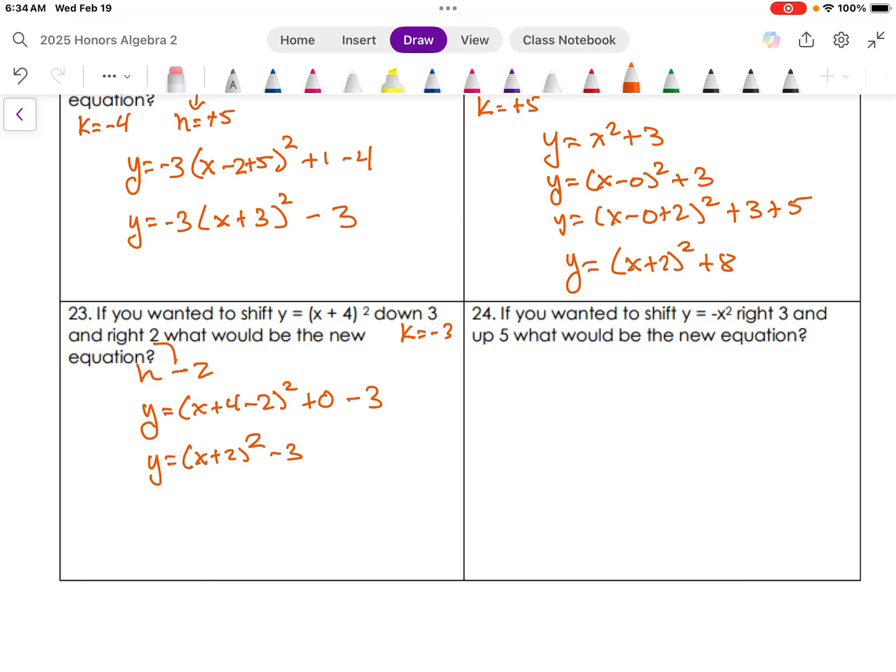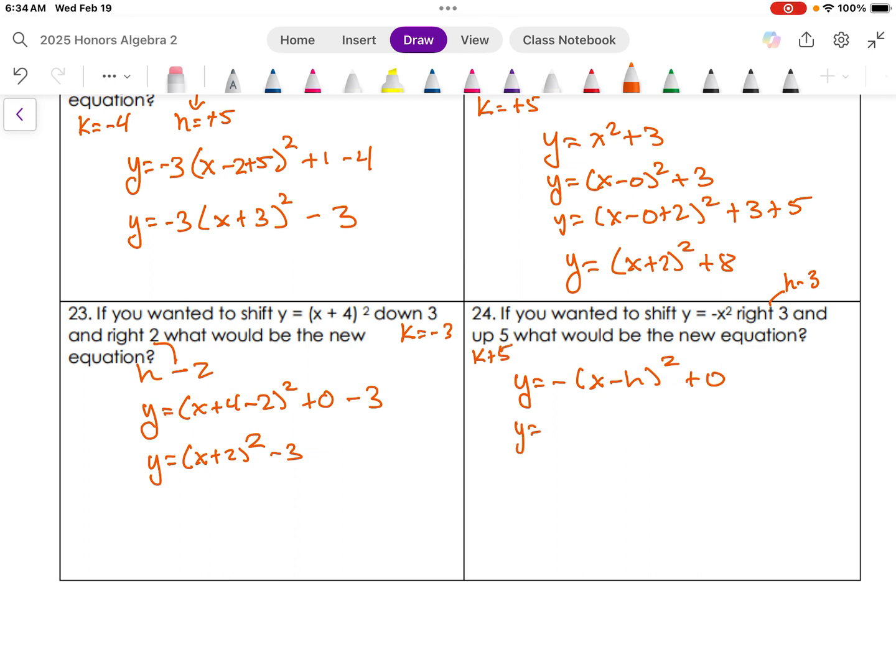And last one, if you wanted to shift that right 3 and up 5, all right, so again, it's y equals negative x minus h squared, and technically it's plus 0 because they don't give me any other numbers on there. So right 3 means I have to do h minus 3, and up 5 means k plus 5.